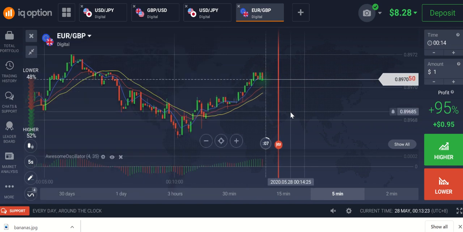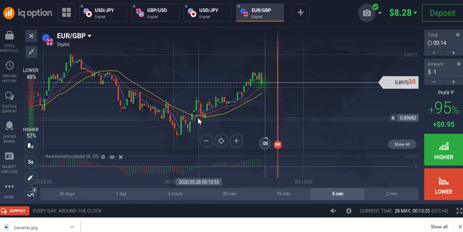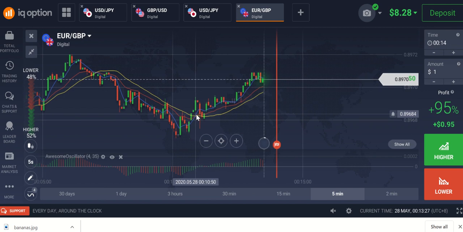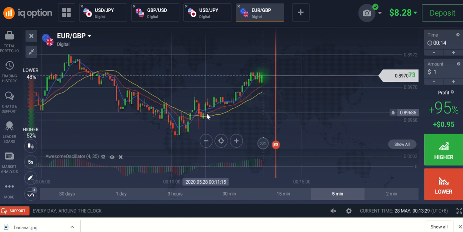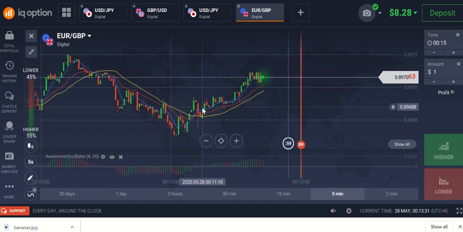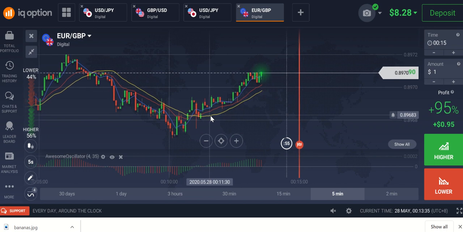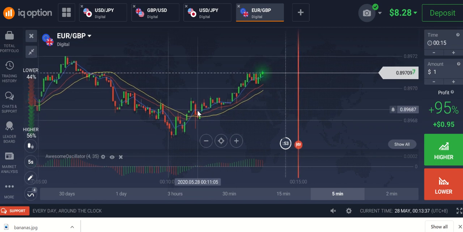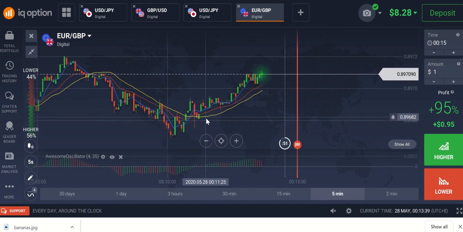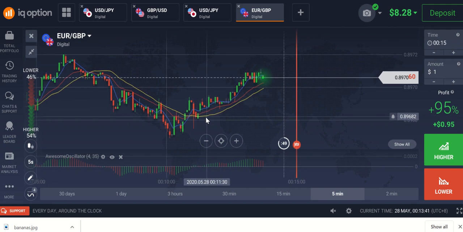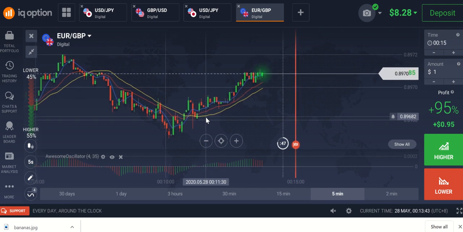For instance, if I am to illustrate that here: blue is MA7, MA18 would be the red, and MA25 would be the yellow. So when the blue one is higher than the red, which is higher than the yellow, that means it's an uptrend.